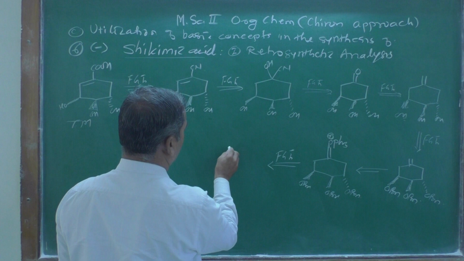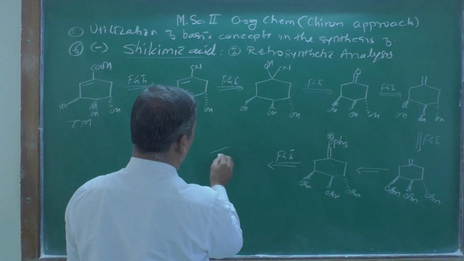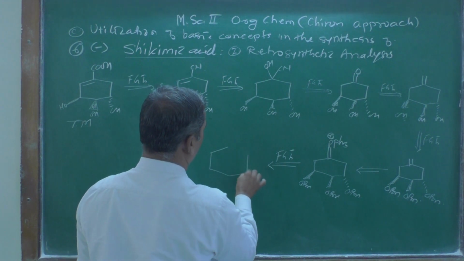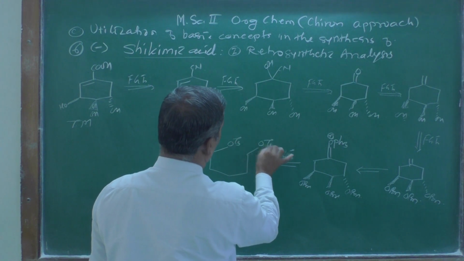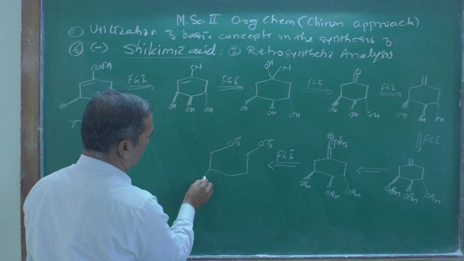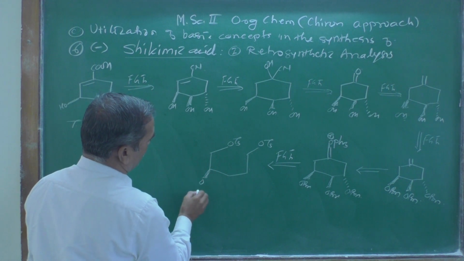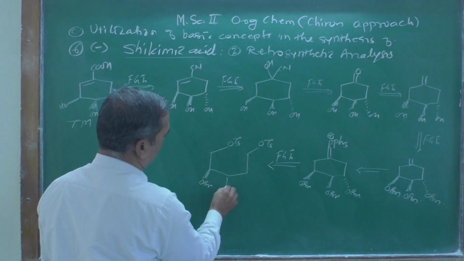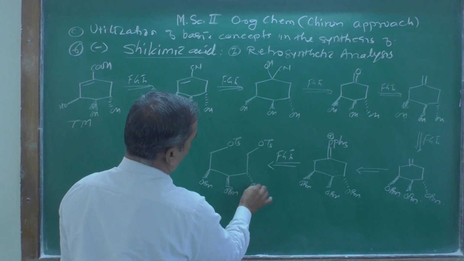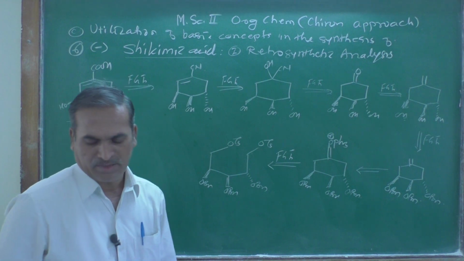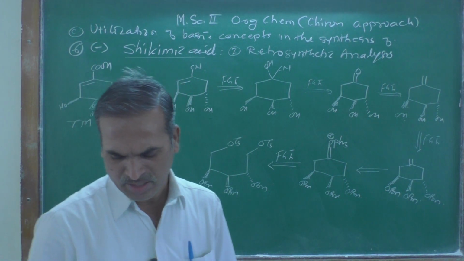So you will get this type of compound with OTs, and the other part remains as it is: OBn, another OBn, and here OBn.